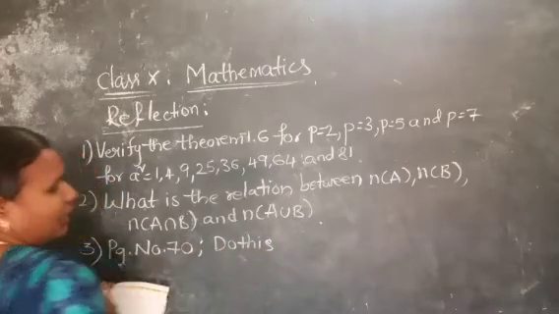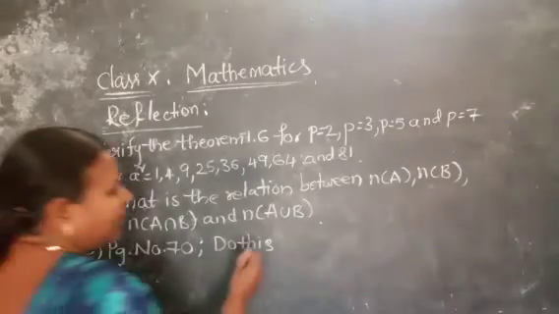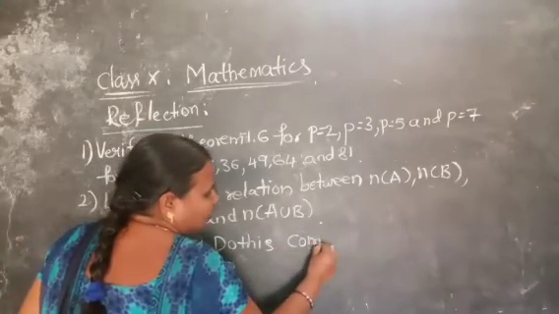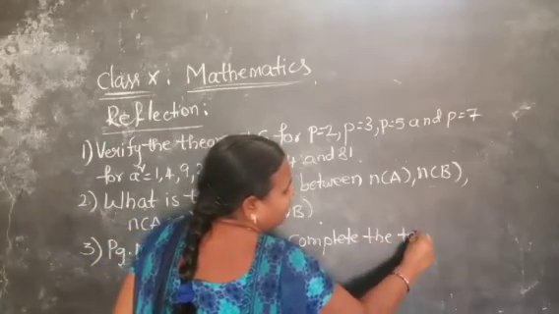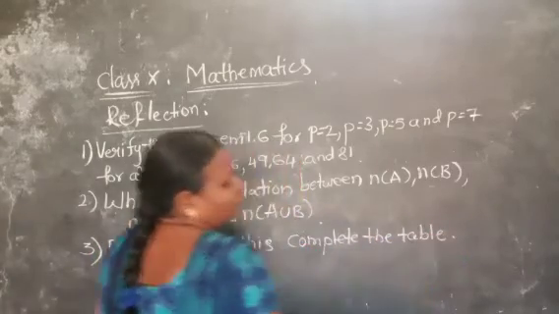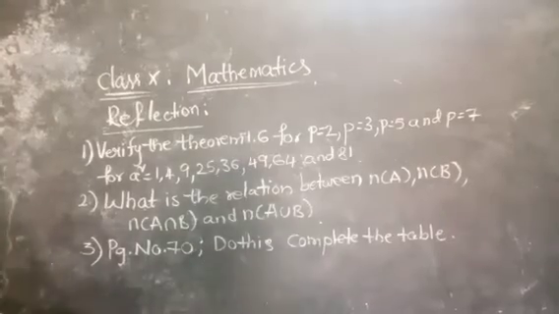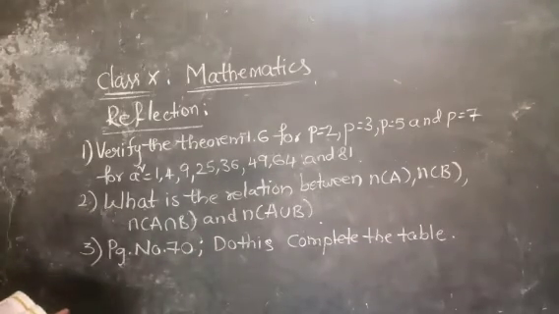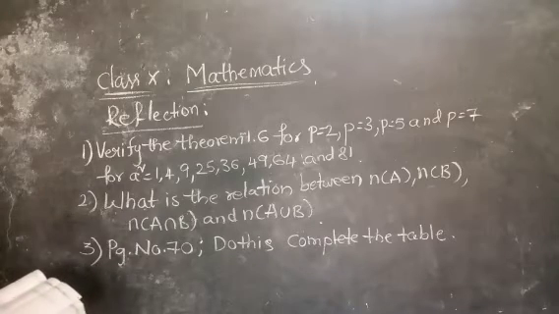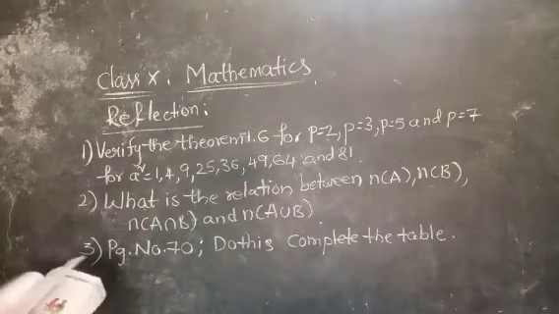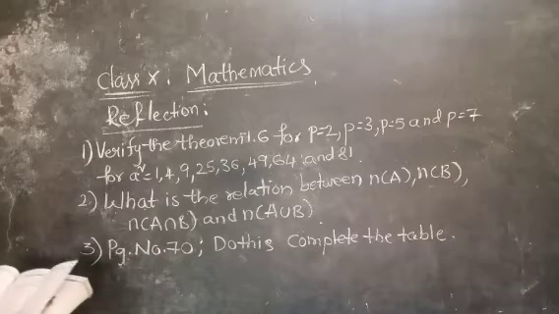We have a table there. Complete the table. If the zeros are alpha, beta and gamma, complete the table. Find the zeros, and find the sum and the product of the zeros.